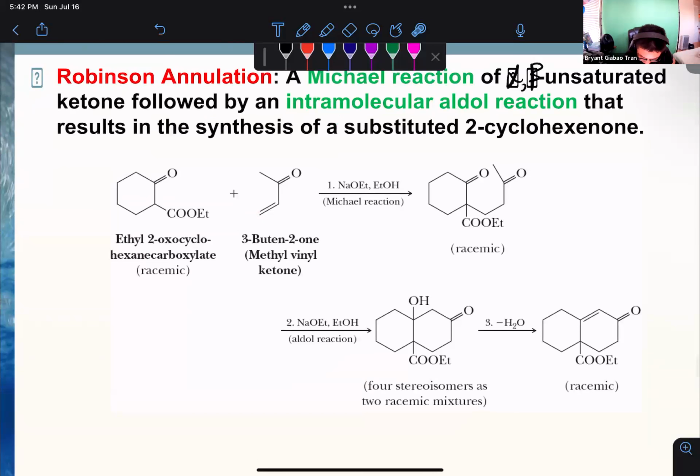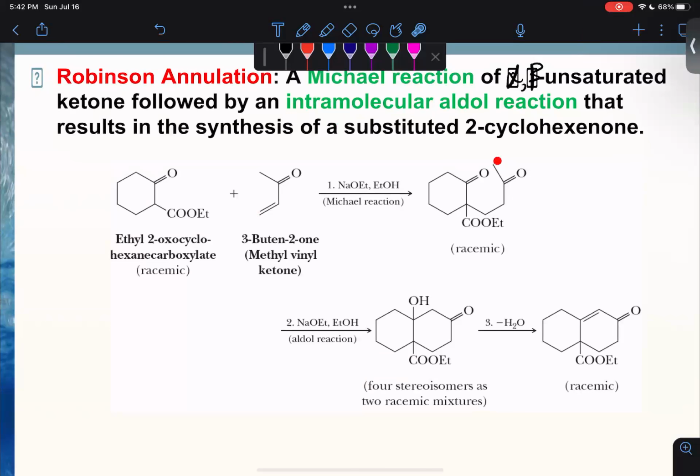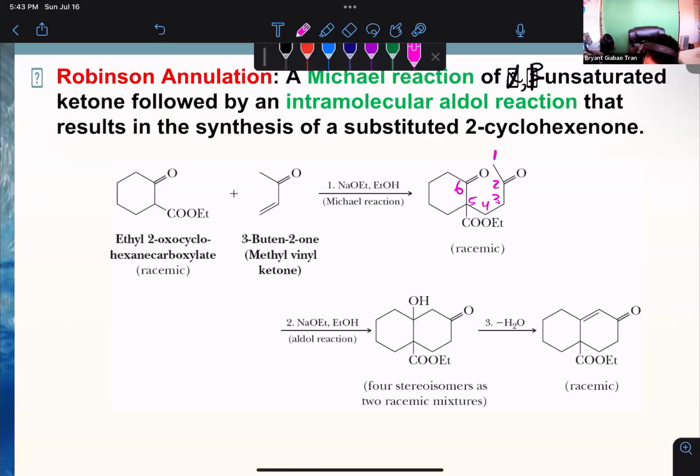And then the second step is the aldol reaction, where we could do enolate anion again with this alpha carbon right here. This is an intramolecular aldol reaction. So this enolate anion here will attack this electrophile, this carbonyl electrophile. And that gives us our 1, 2, 3, 4, 5, 6 membered ring.